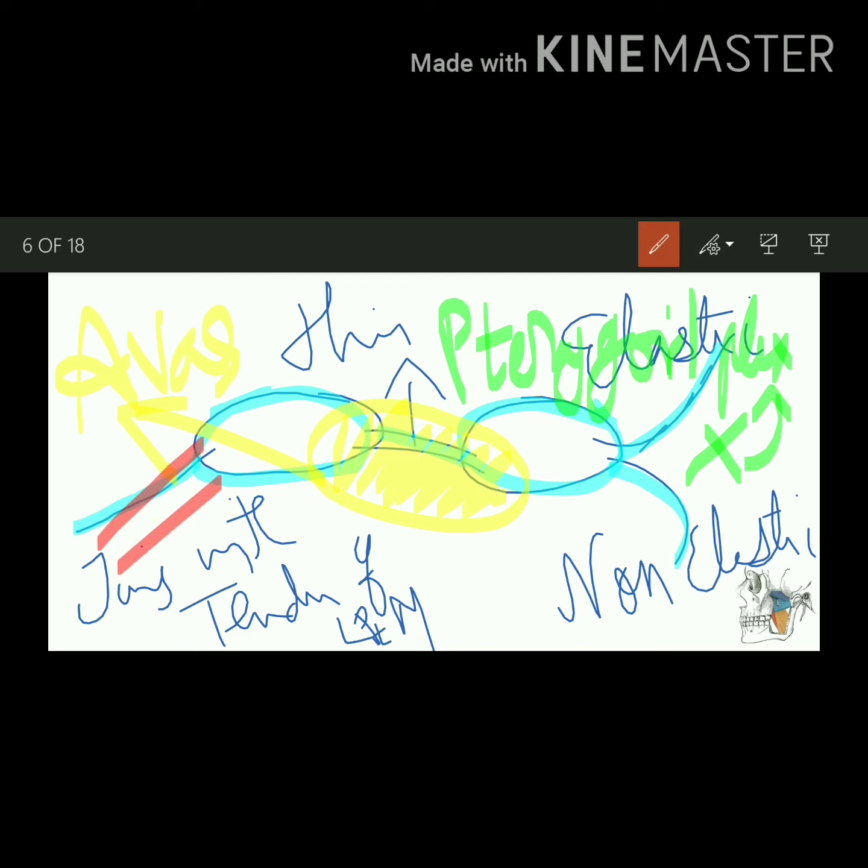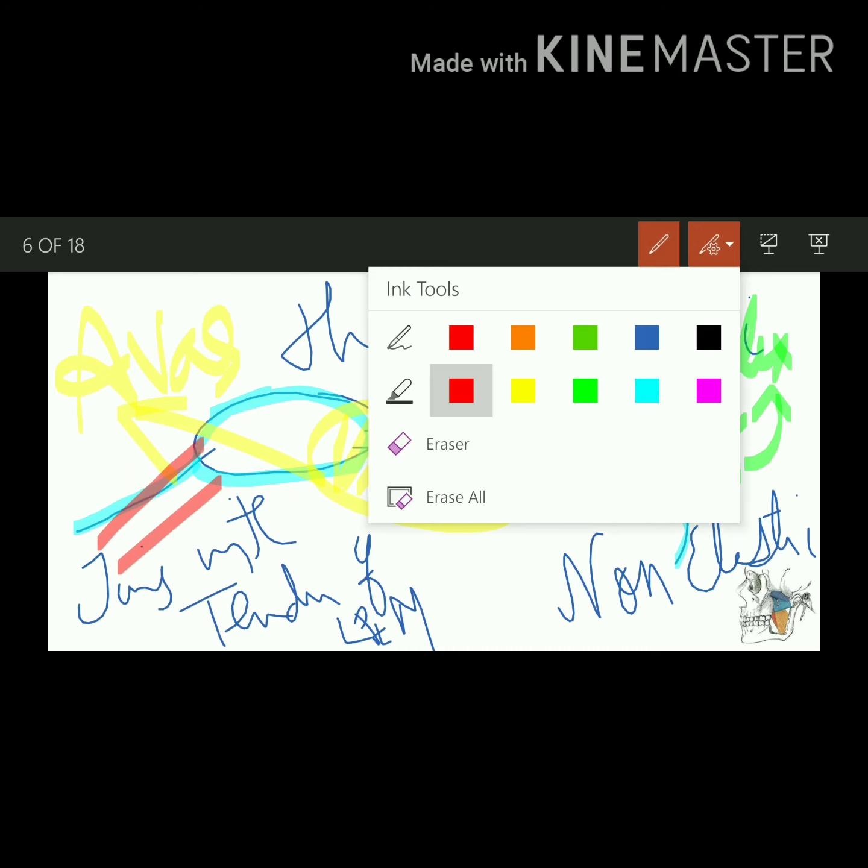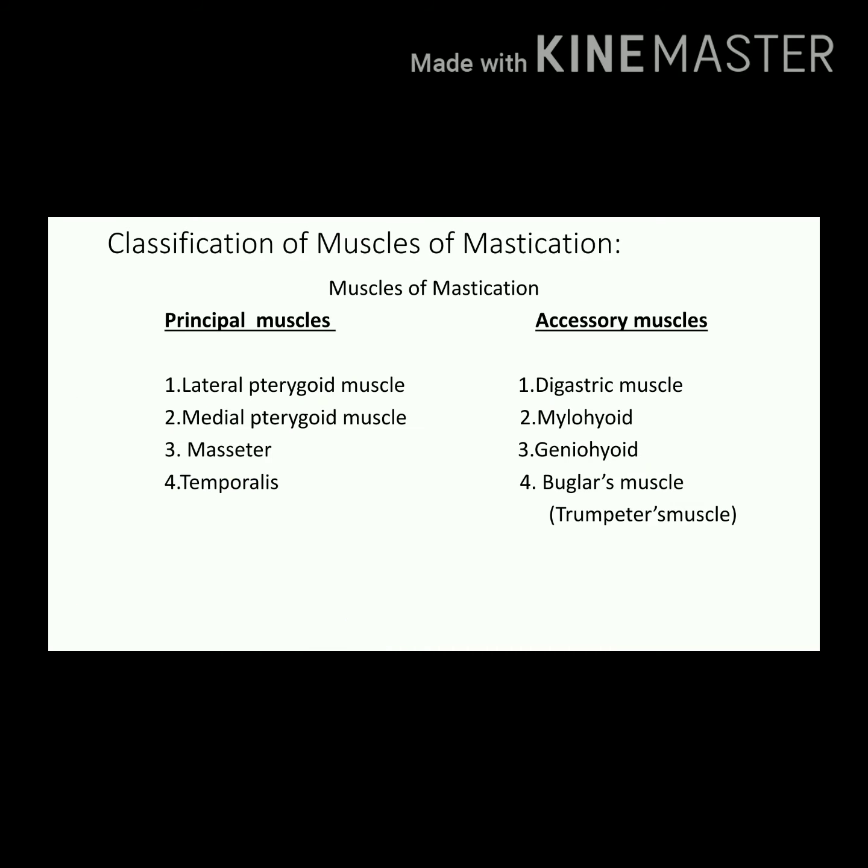Now let us go on to the muscles acting over the joint. The muscles acting over this joint are the muscles of mastication. Let us see that. And before that, we'll be seeing the classification of muscles of mastication.